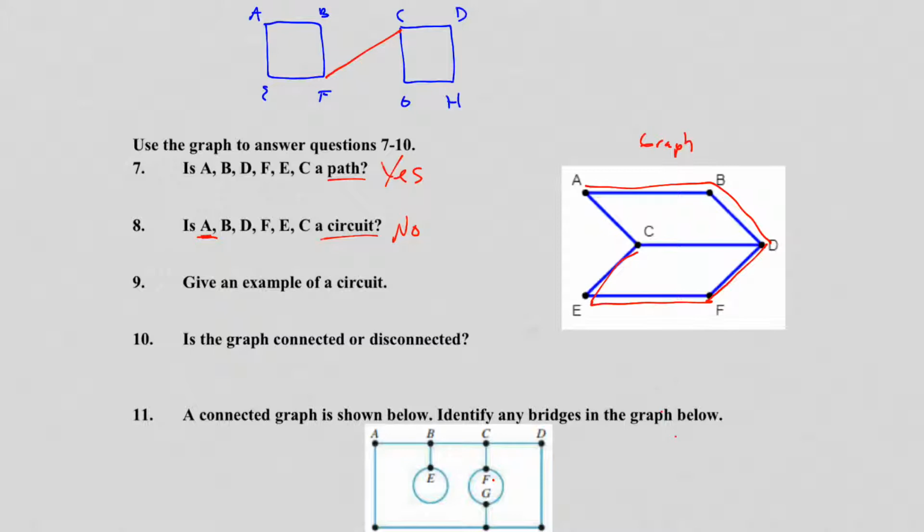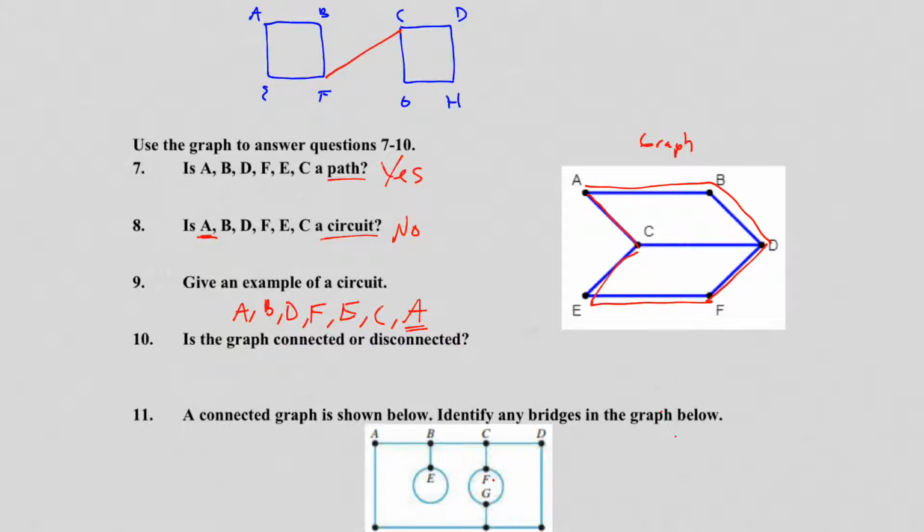Or you can just do some other path. So just add an A, right? Just add an A. That way, it's a circuit.